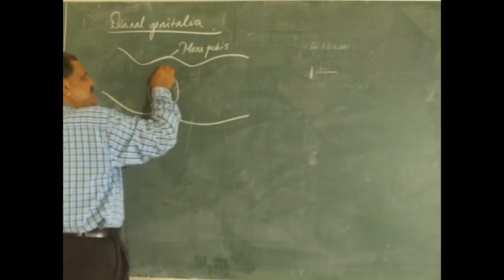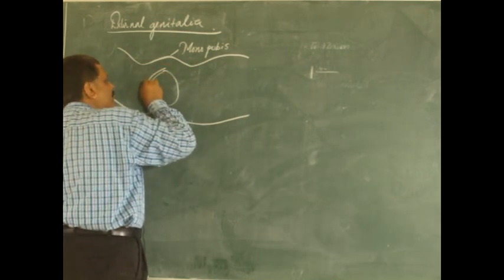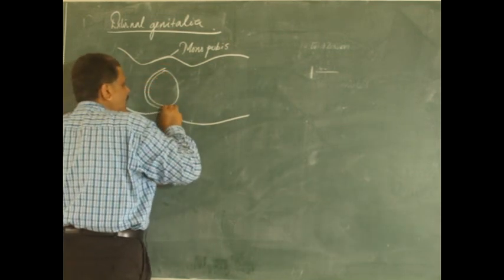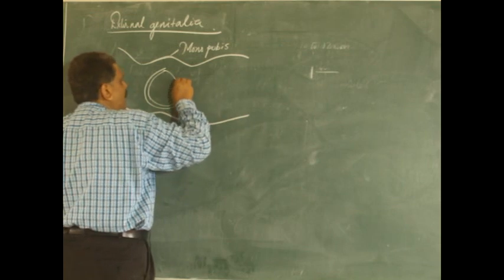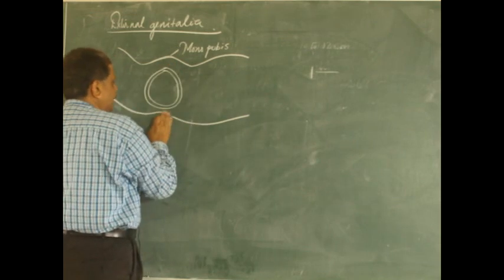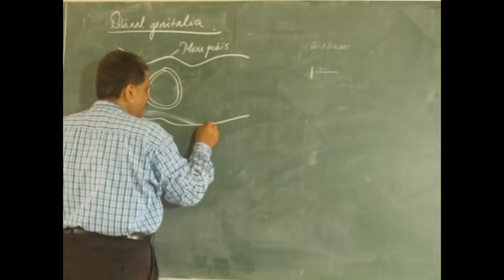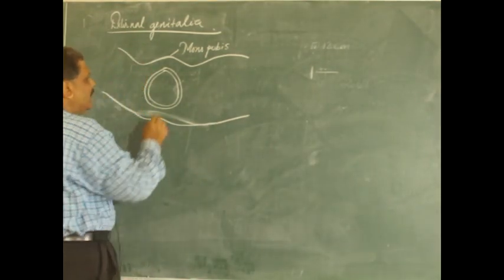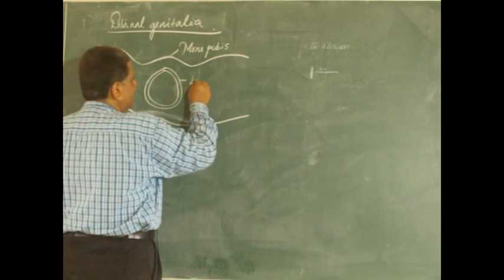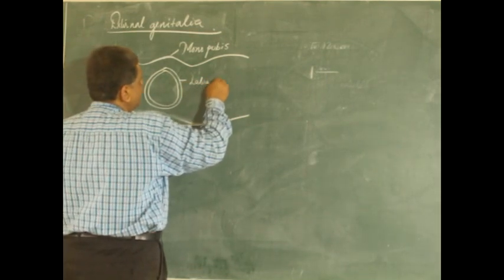And the next fold of muscle is called labia majora.